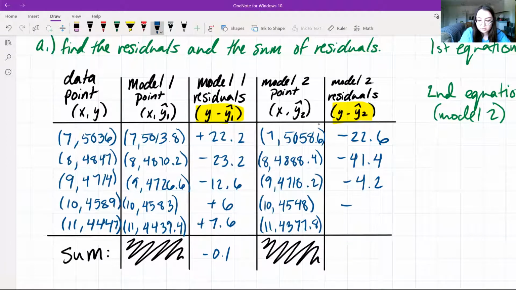This is going to give us a positive 41. And lastly, for our year 2011, we're going to take 4,447 and subtract 4,377.8. And this is going to give us 69.2.